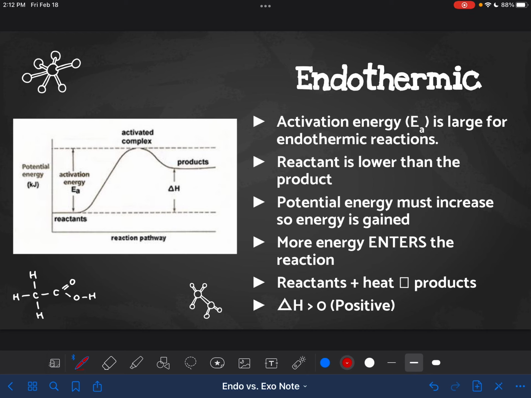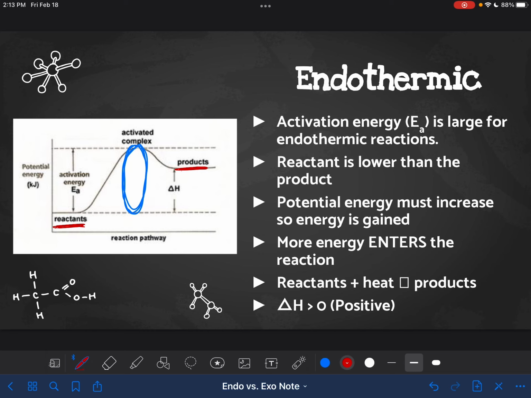What it's basically saying is the distance between the activated complex and the reactant is larger in this case. The reactant is lower than the product. As you can see, the reactant is lower than the product. The potential energy must increase, so energy is gained.